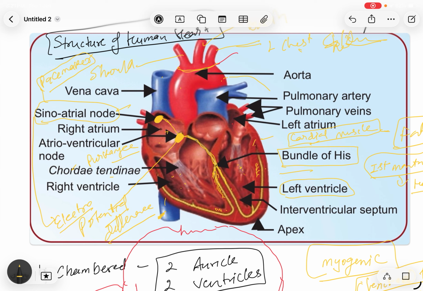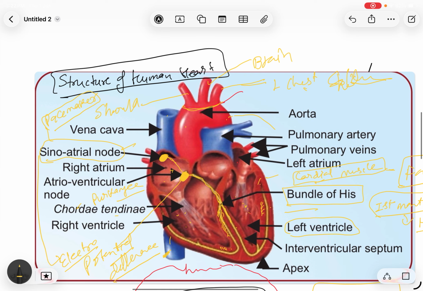The aorta has two supplies, one for the upper body above the heart and one for the lower body. On the upper side, three arteries originate from the aorta, one for the brain and two towards the shoulder sides, left and right. And then this aorta goes downward, which supplies blood to the lower body part.